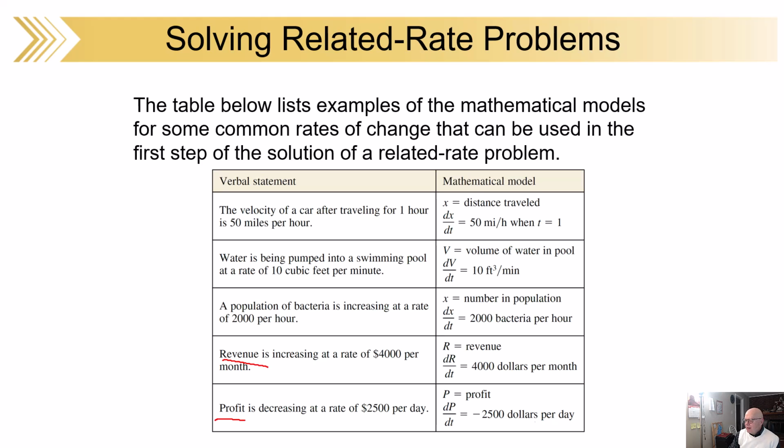It's decreasing at $2,500 per day. P represents the profit, so you'd have something to do with profit for your given mathematical statement. And dP/dt is what you'd be working with. That's the negative 2,500 because it's decreasing, and it's a rate.